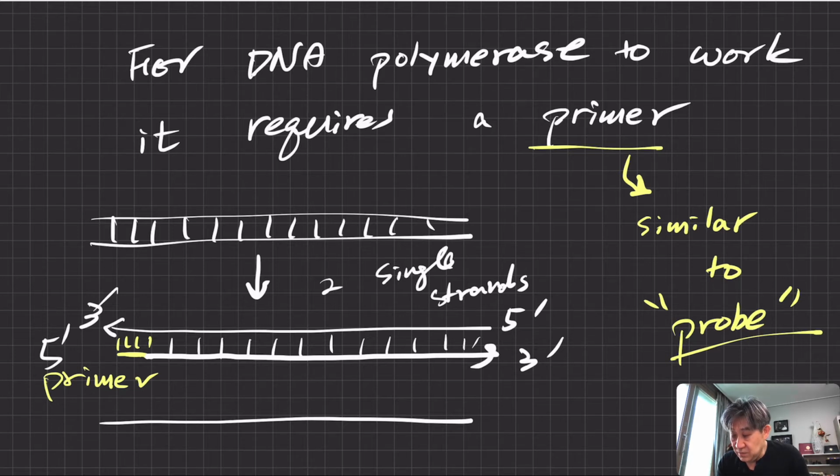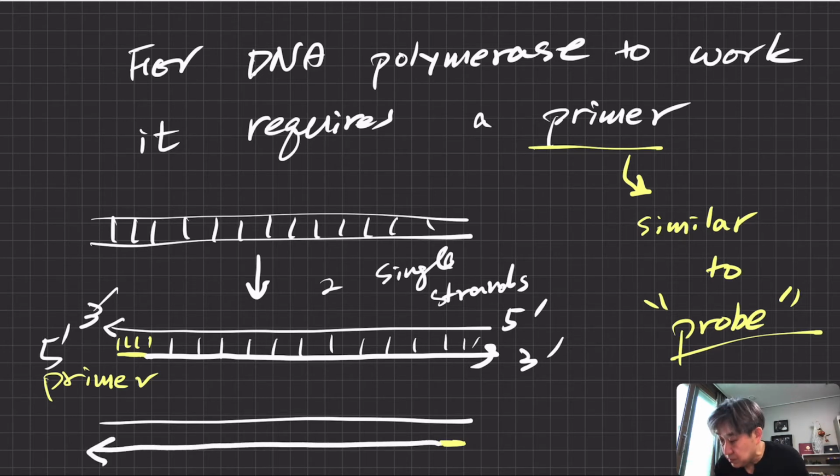For the synthesis of the other strand, theoretically speaking, the primer should be placed at the other end because their direction is different, and then synthesis should go in this direction. So this has to be the 5 prime end and this has to be the 3 prime end, and the original DNA sequence 5 prime, 3 prime ends were in this orientation.